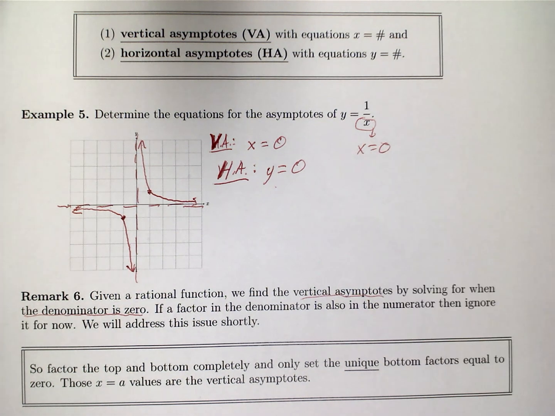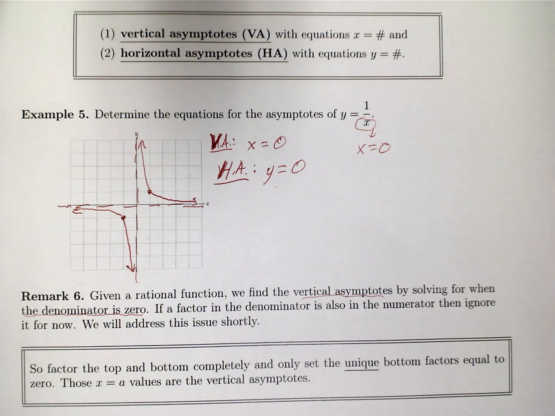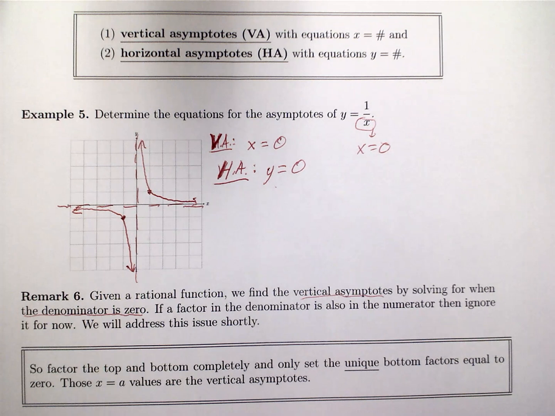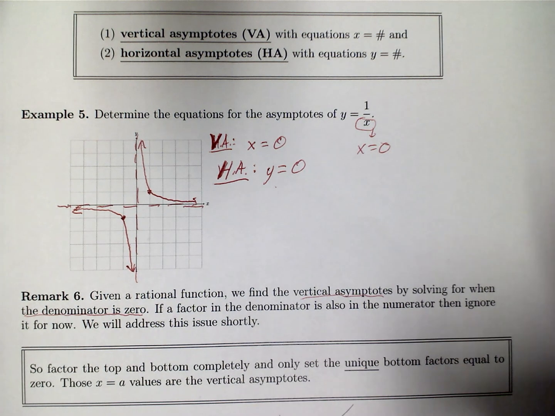You can't really isolate x anymore. Then that's your vertical asymptote. You could have multiple factors, and you could set all the factors equal to 0. If the factor of the denominator is also in the numerator, then ignore this for now. This is something we're going to address soon.